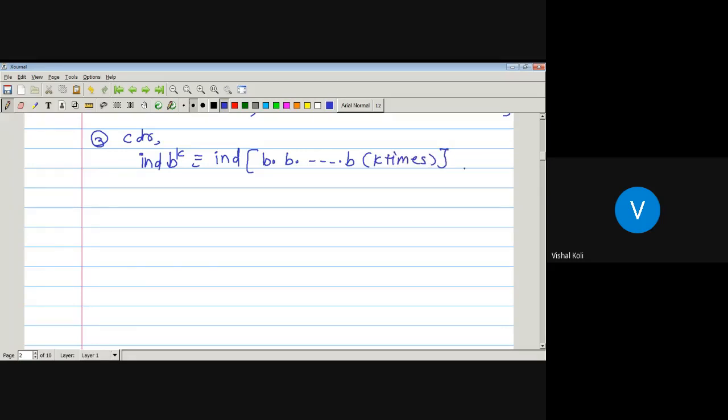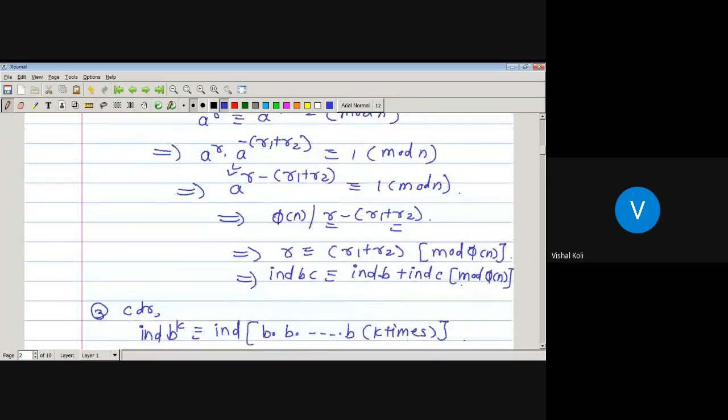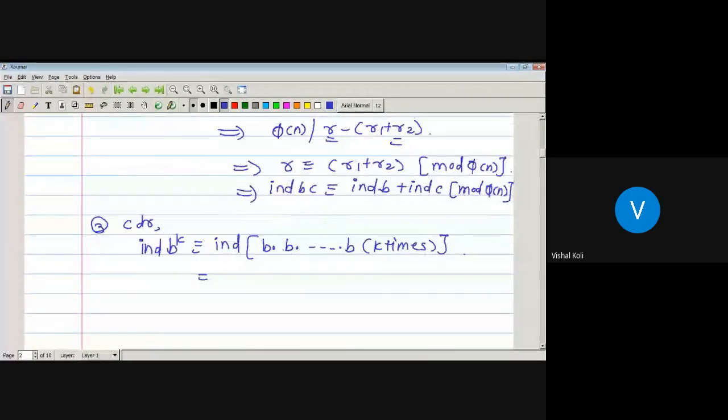And we know that from the second one, index of b into c is congruent to index of b plus index of c modulo phi of n. Here b into b up to k times is b raised to k.